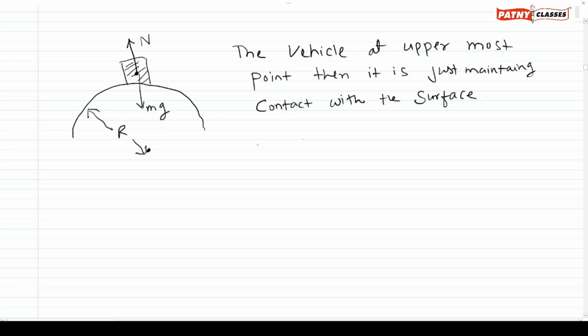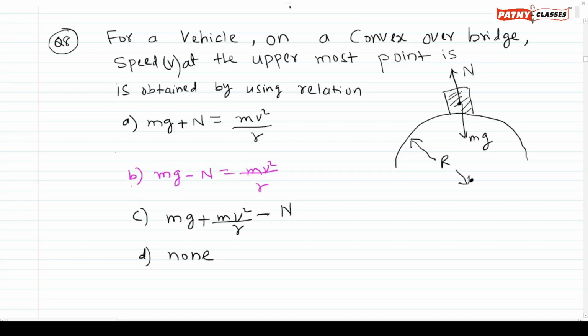So the total force acting on the body at the uppermost position is mg minus N. This has to be balanced by the centripetal force. Therefore, the relation is mg minus N equals mv square upon r. So we lock option B. Option B is the correct option.